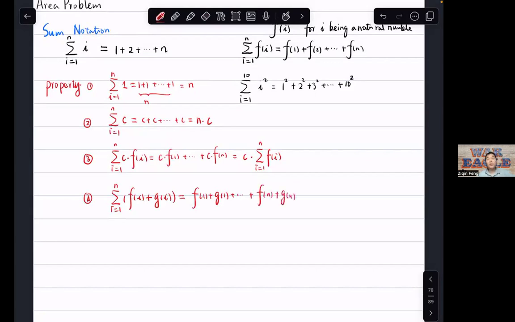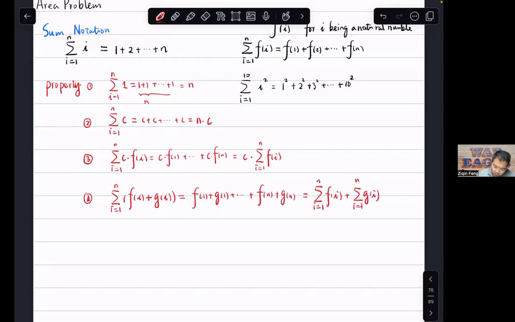You can put all the f function together and all the g function together, and you get two sum notations. So this is the same as summation i from 1 to n of f(i) plus summation i from 1 to n of g(i). So that's how we handle the summation of sums: summation of a sum is the same as the sum of summations.